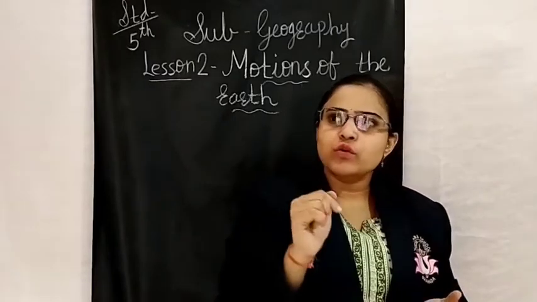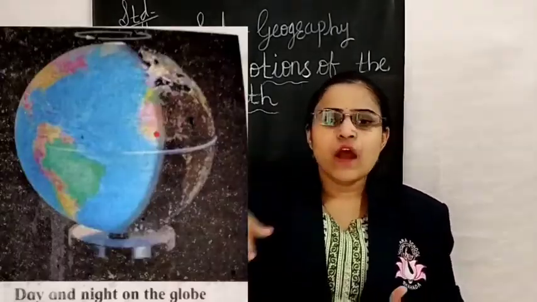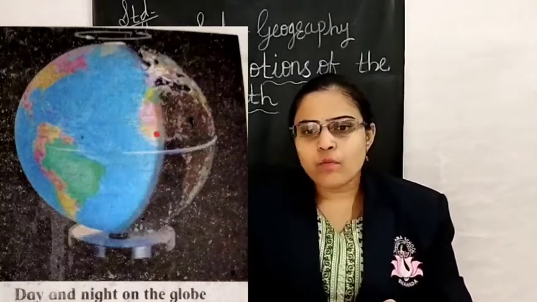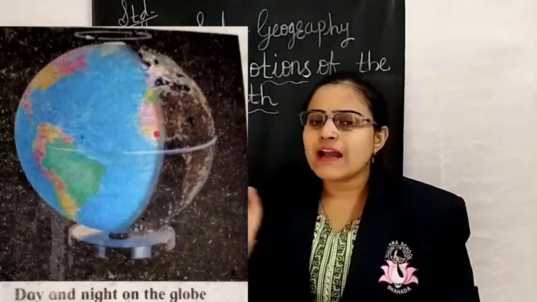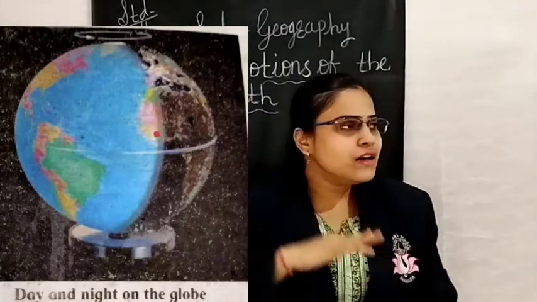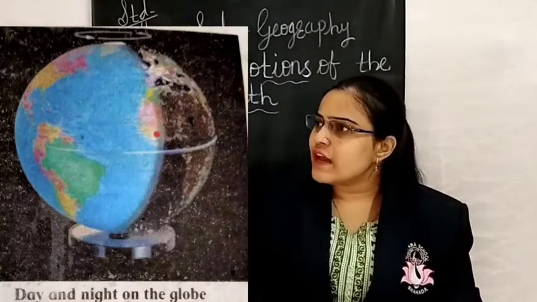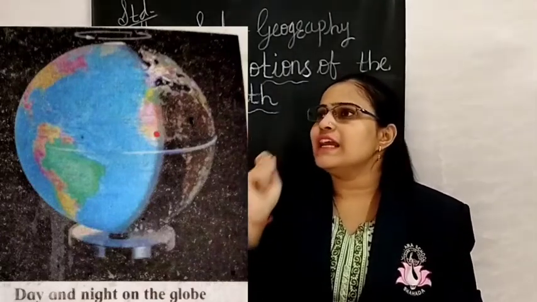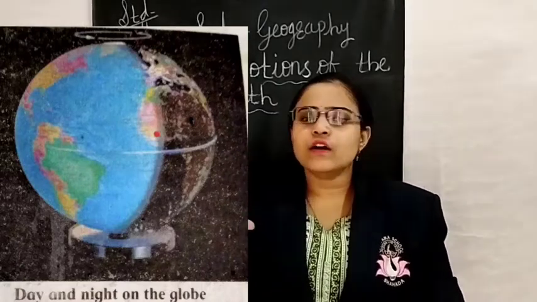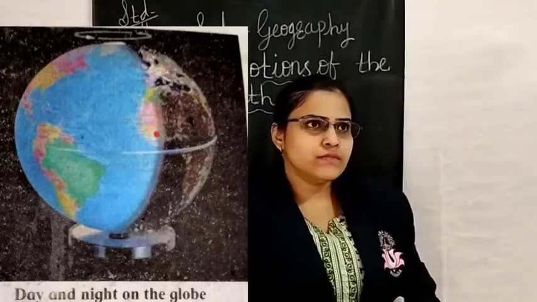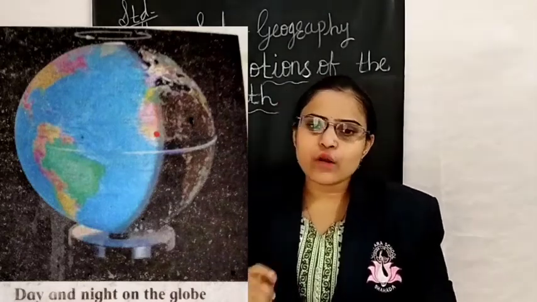Just take a bindi and stick a red bindi on the globe or ball. Set up the previous model of the globe and the candle. Same activity, only this time you stick a red bindi on the globe anywhere. Turn the globe anti-clockwise.